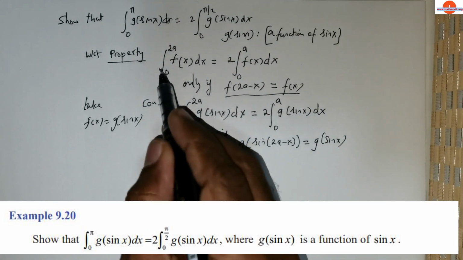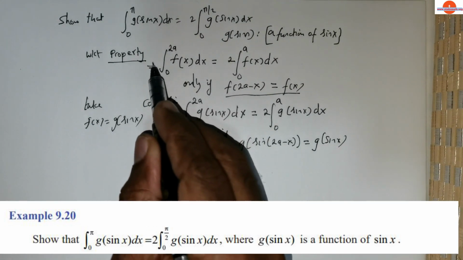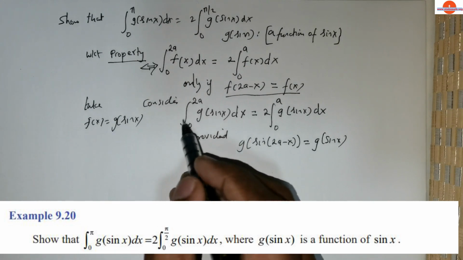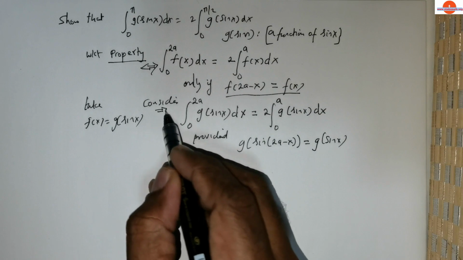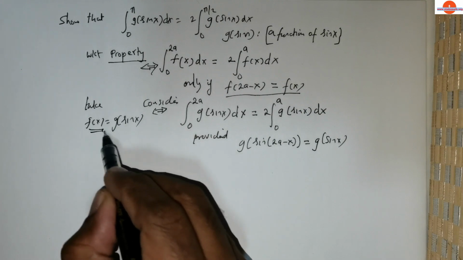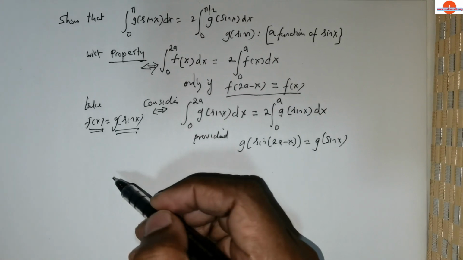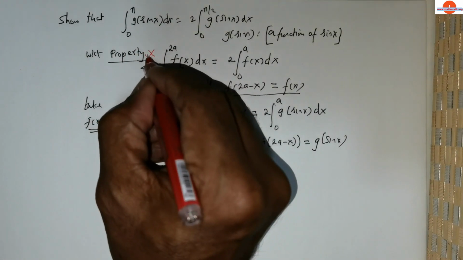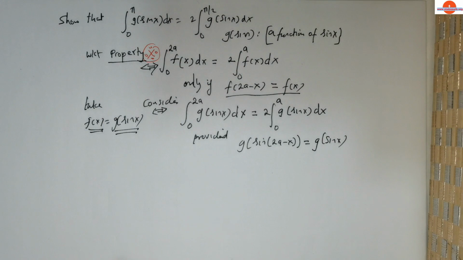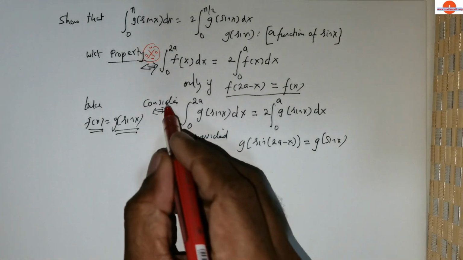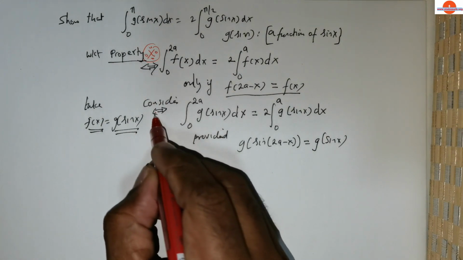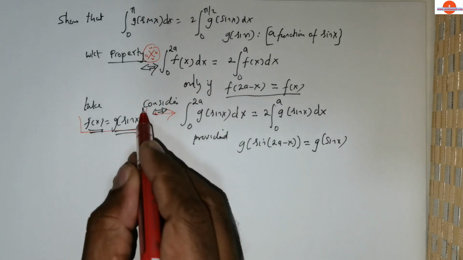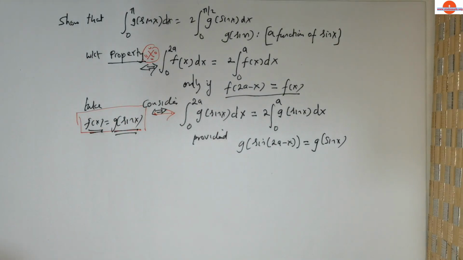All I'm doing is translating the property that we know into the property that we require when the function is given as g of sine x. So this is the important property, and this is the translation of it when the function is given as g of sine x.